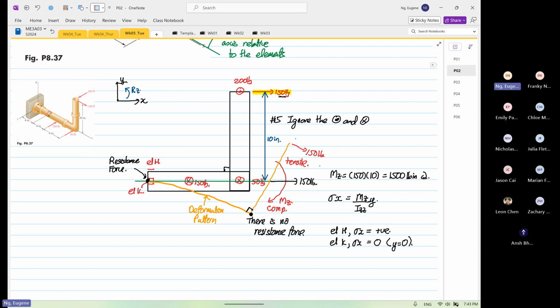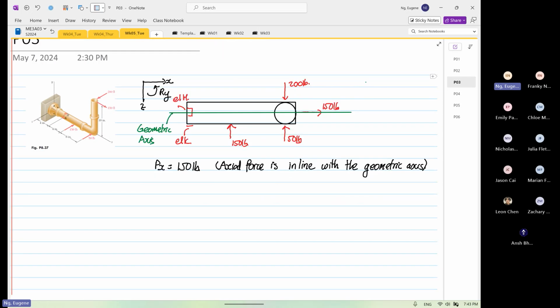Because of the offset, which is under eccentric loading, will cause an axial load, right? If it's difficult to see this way, then just look at a different point of view. Now you can see that the 150 is exactly acting on the what? Geometric axis. So that is your what? Px. Much easier to see, okay?